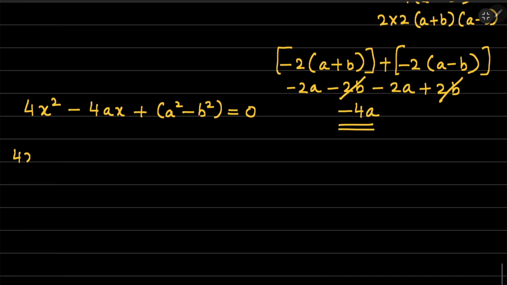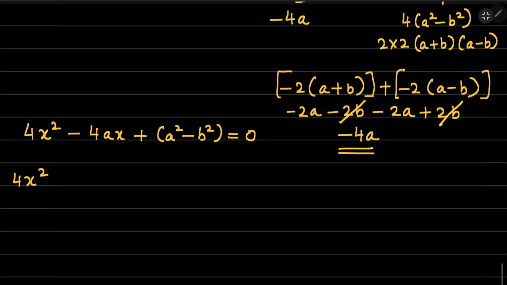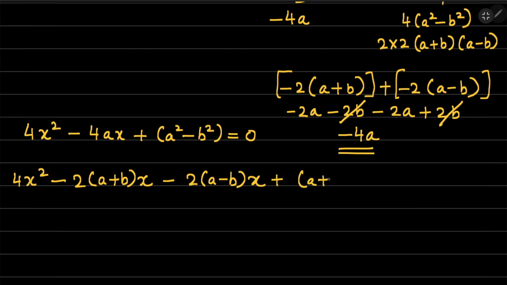So 4x square, I will write the middle term as minus 2 into a plus b into x. Don't forget the x. Again minus 2 into a minus b into x plus, in place of a square minus b square, let's write a plus b into a minus b equal to 0.